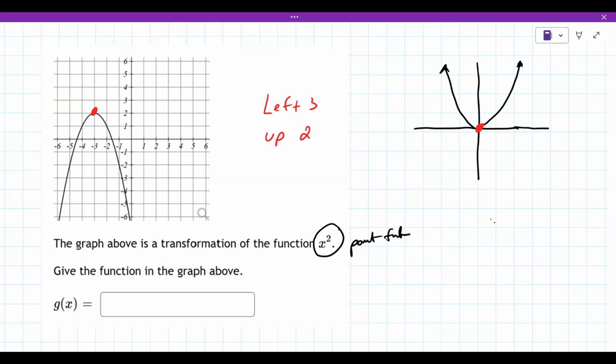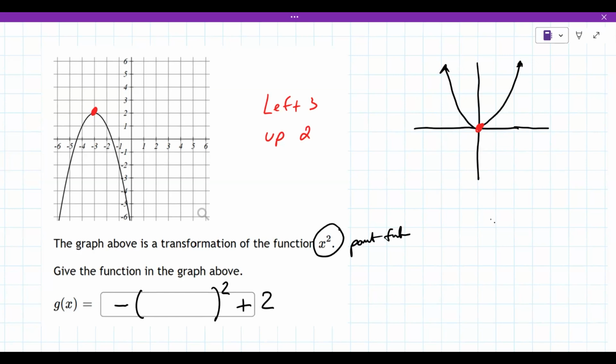And then based upon the fact that it's inverted over the x-axis, that would be a negative multiplication of, what is it? I'm forgetting that equation. It's like vertex form, but it's negative here.